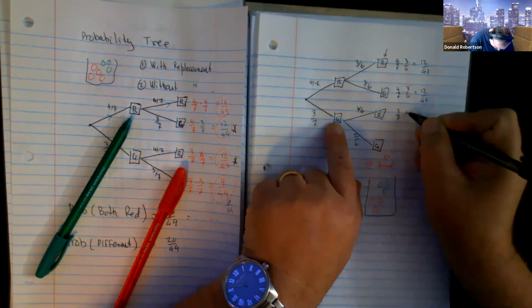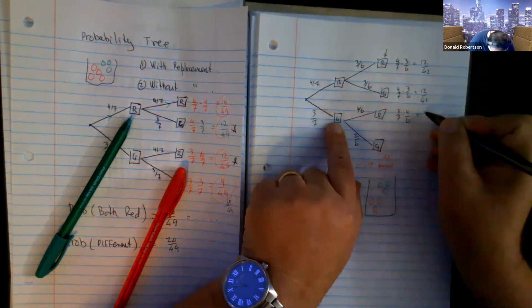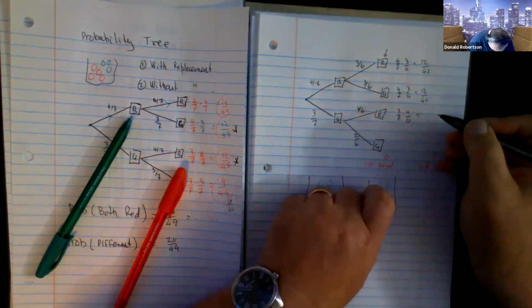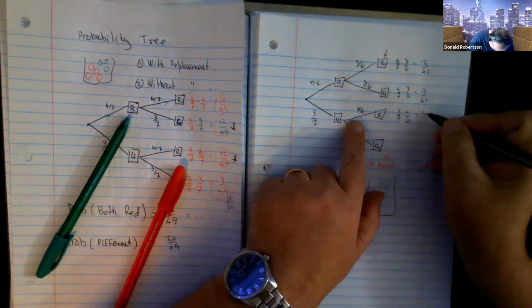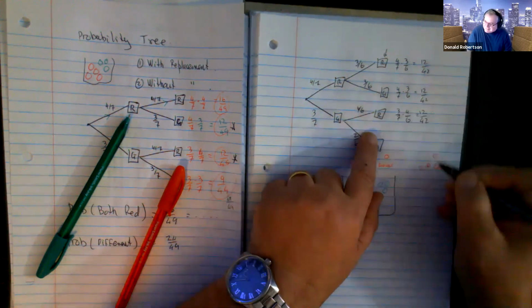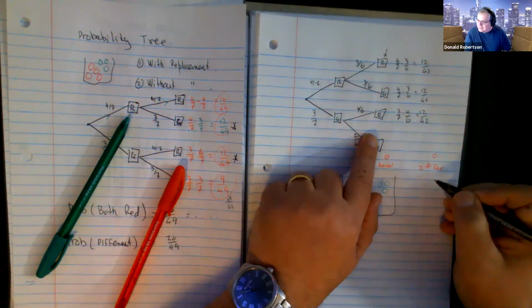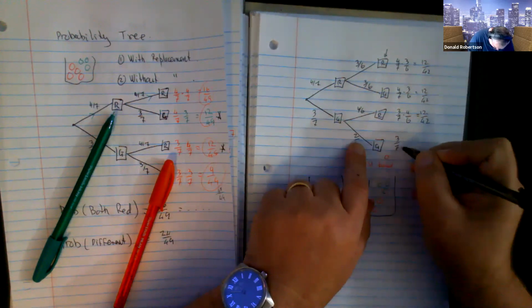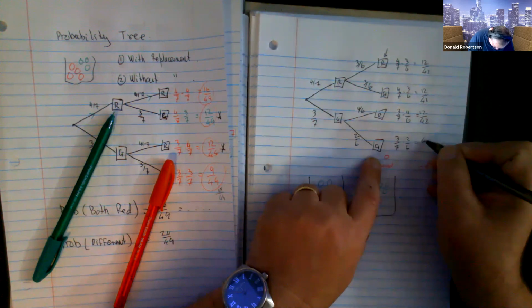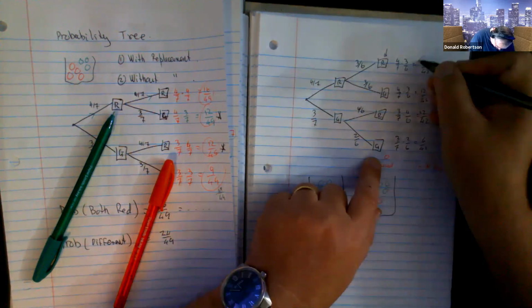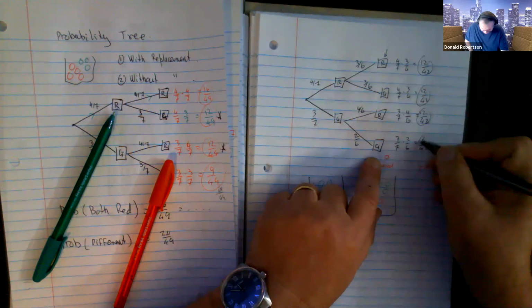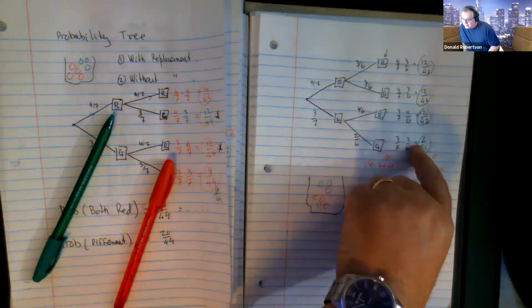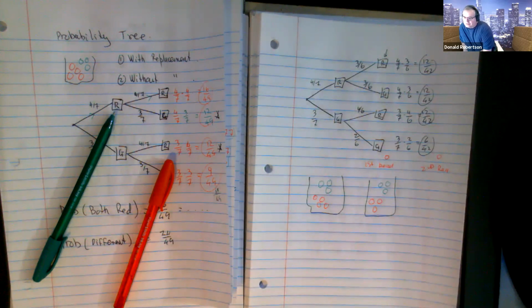There's something not quite right here. 12 out of 42. At least the last one's not the same thing. It's 6 out of 42. And if you want to do a quick check, shouldn't these 4 things add up to 1? So they should add up to 42 forty-seconds.